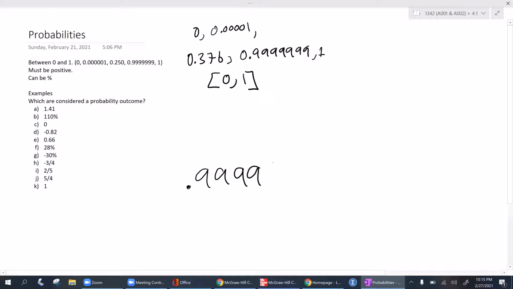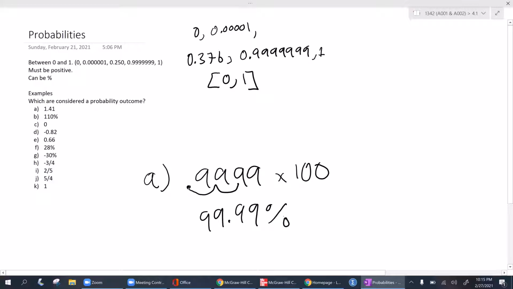Well, if you can give me a percentage, you can turn decimals to percentages if you multiply them by 100, or if you move the decimal to the right 2 times. Meaning, for example A, 0.9999 times 100 gives me 99.99%. Very nice.